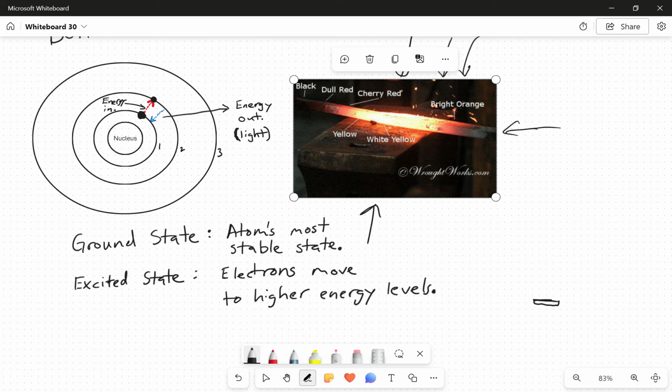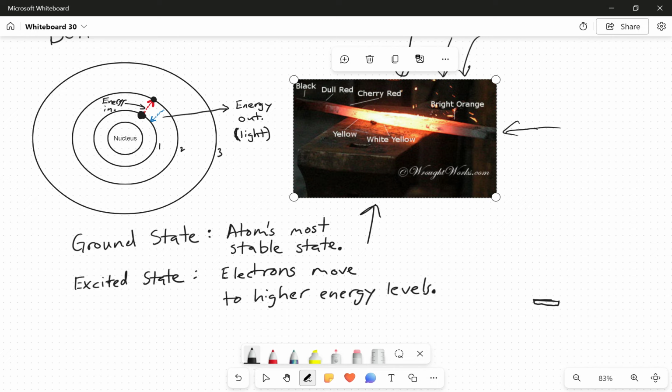And Bohr states that because these rings are specific distances apart from each other, it takes a specific amount of energy, an exact measurable amount of energy, for an electron to jump from ring 1 to ring 2, for instance. And so, when that energy is released, it releases again that specific amount of energy.